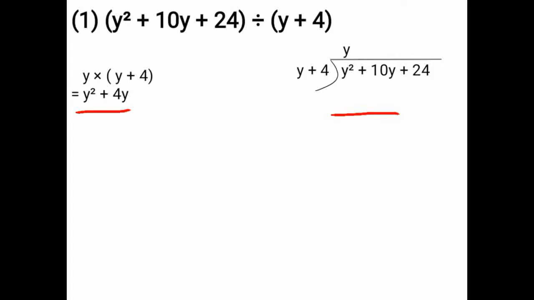In division of polynomials, you have to arrange it vertically with like terms together. This y square you have to write here and plus 4y you have to write in this place.